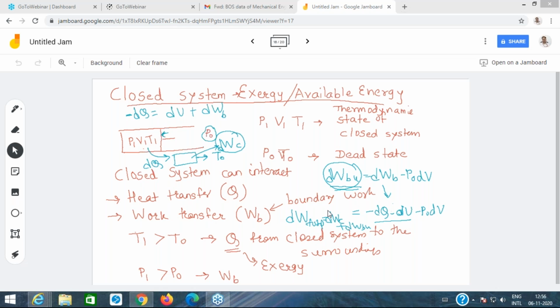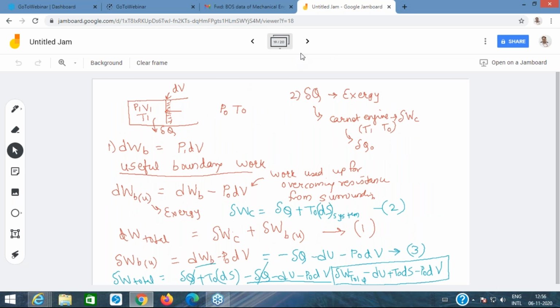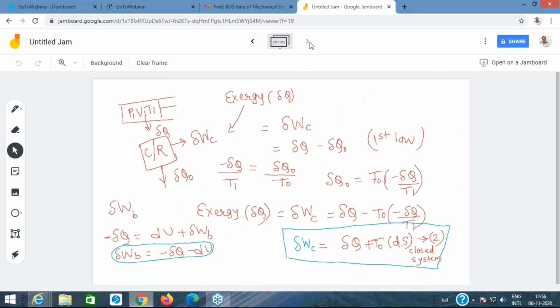The exergy of the heat transfer: in order to calculate that, I had taken a Carnot engine operating between the dead state temperature and the closed system temperature, and I arrived at the work output of this Carnot engine. For some elemental heat transfer del Q, that work transfer expression is equal to del Q plus T naught ds.